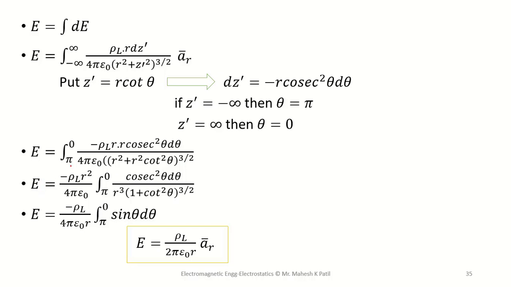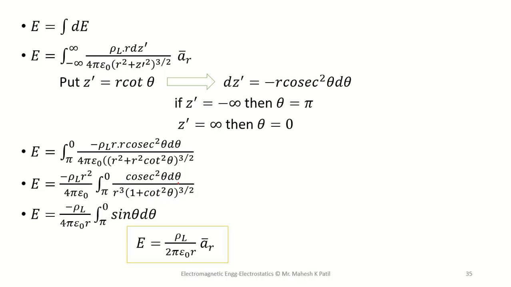In the next step we can simplify this. Take the constant terms outside of the integration, so minus rho L r square upon 4 pi epsilon naught, integration pi to 0 cosec square theta d theta divided by r cube in bracket 1 plus cot square theta raised to 3 by 2.